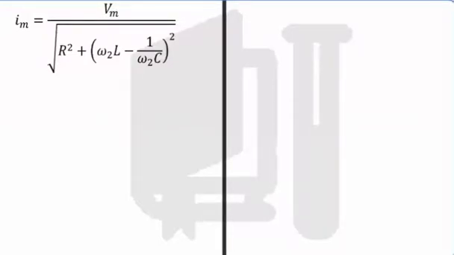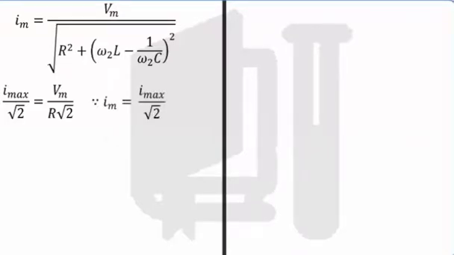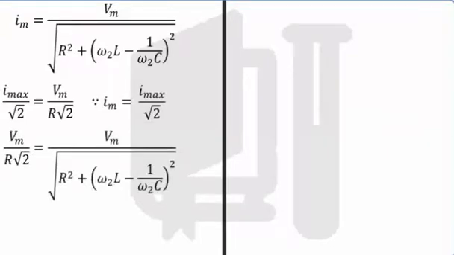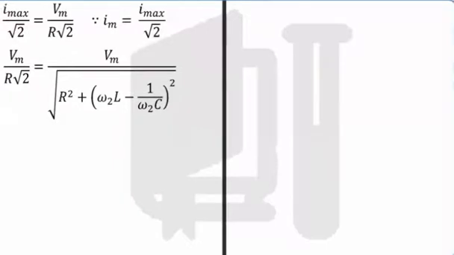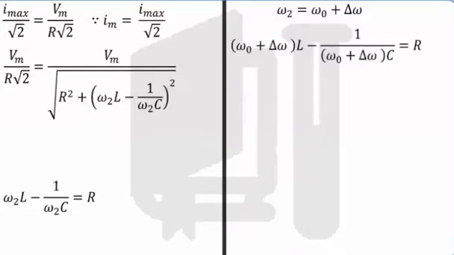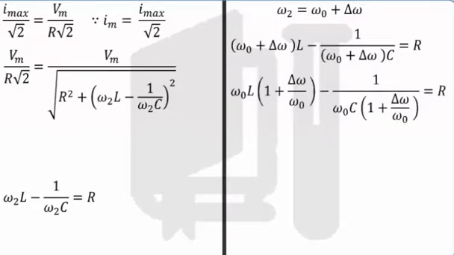On simplifying, we get omega 2 L minus 1 by omega 2 C is equal to R. Substituting the value of omega 2 is equal to omega naught plus delta omega in this equation and simplifying, we get equation 3 as shown.